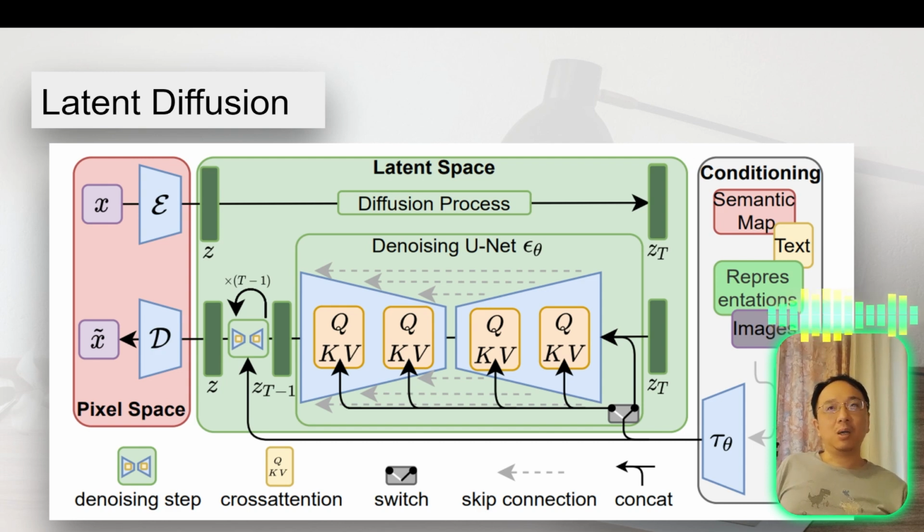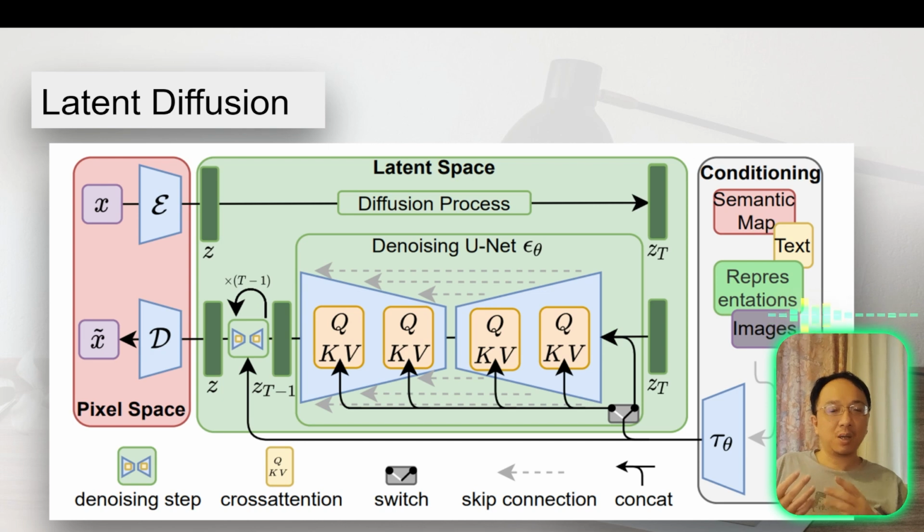Earlier we mentioned that diffusion models usually struggle with training on high resolution images. By high resolution, I mean images with 500 by 500 or above resolution.